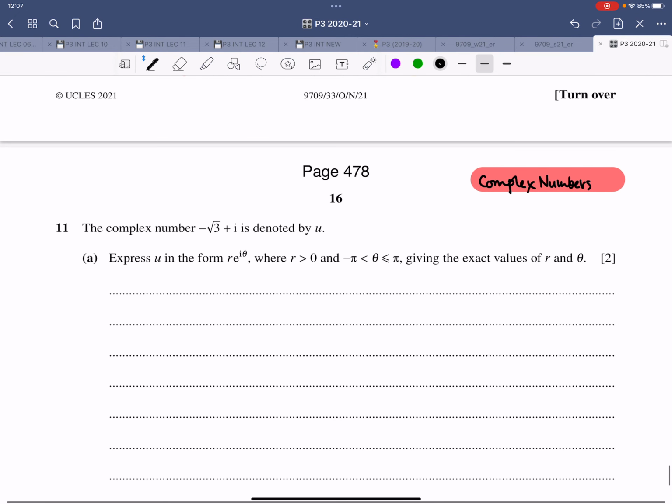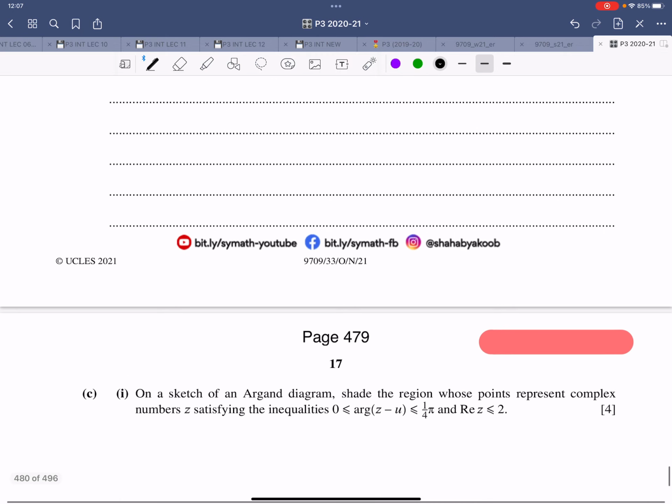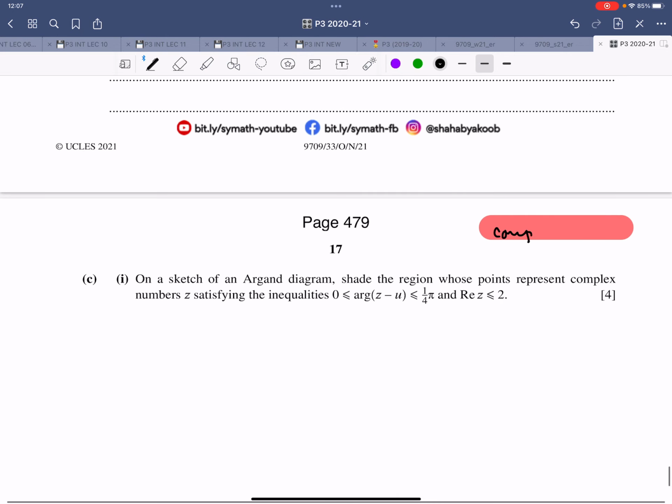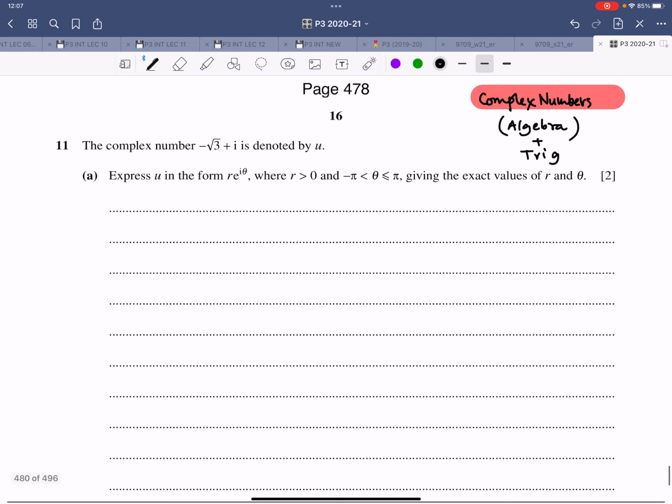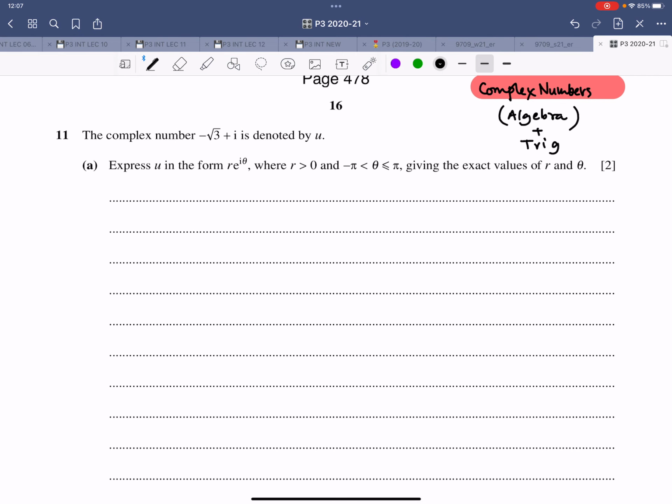The first part is algebra and trig, and this complex number again is about loci and the greatest and the least value and so on. So now let us do this question with very much patience.